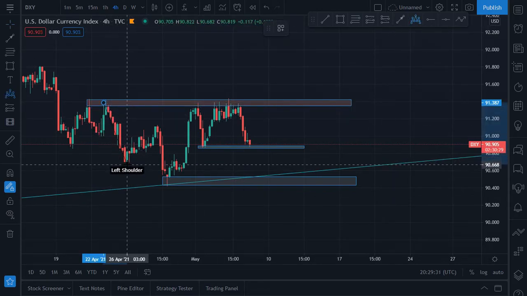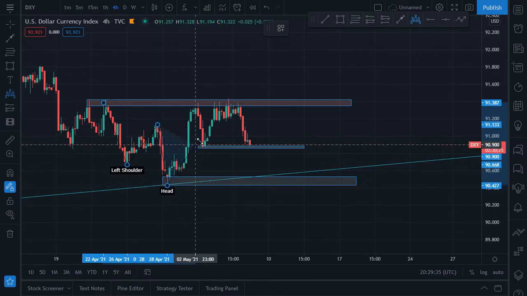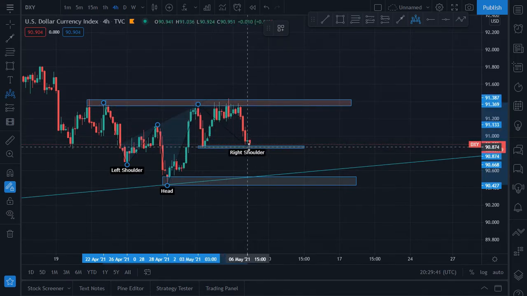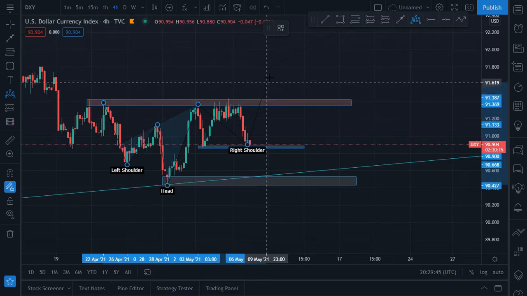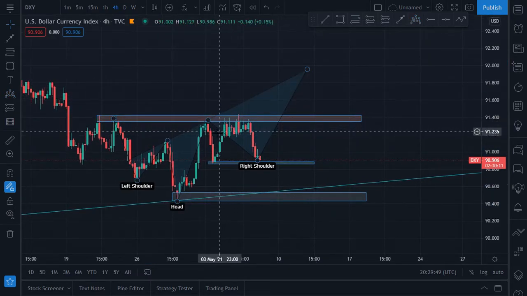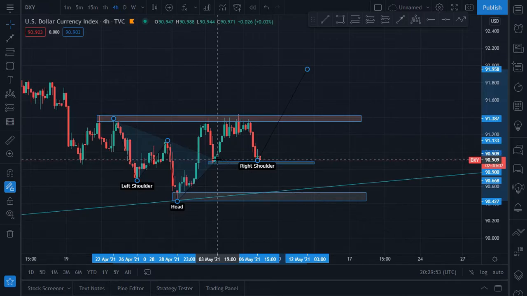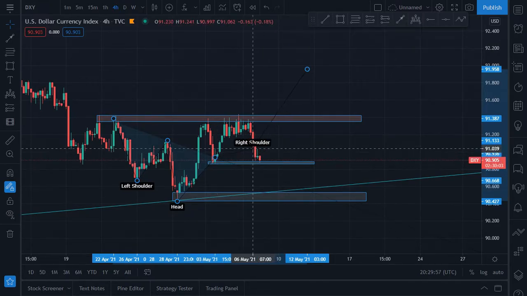We have our left shoulder, our head, and we have our right shoulder, just like that. I'll just put it here like this. Either way, it's going to be the same thing.